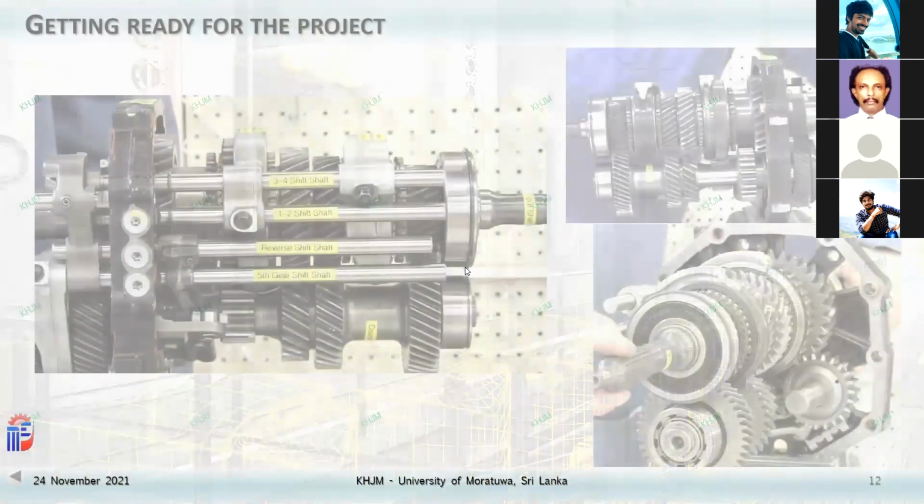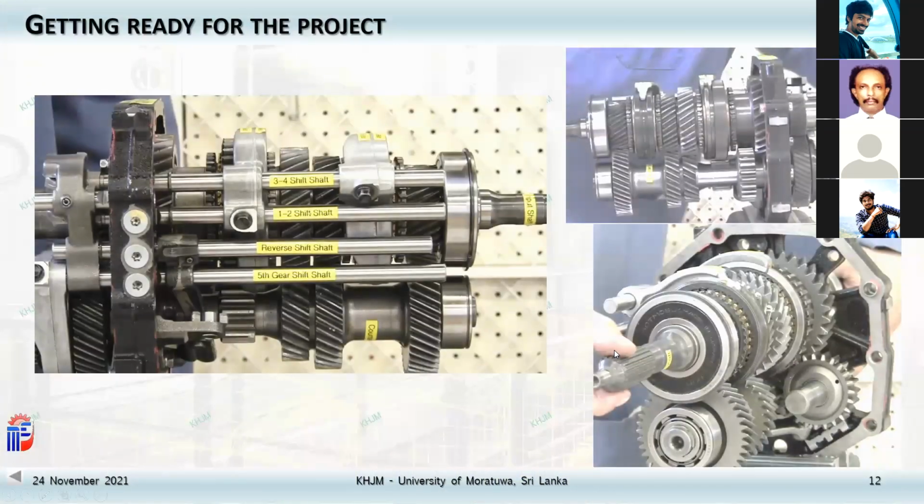So let's start. Now I've shown you some images of the gearboxes. It's complicated inside, right? You have so many parts. At the end, you should be able to put all these parts together, assemble into a gearbox, put the housing in, and then when you connect with the prime mover, it should function.